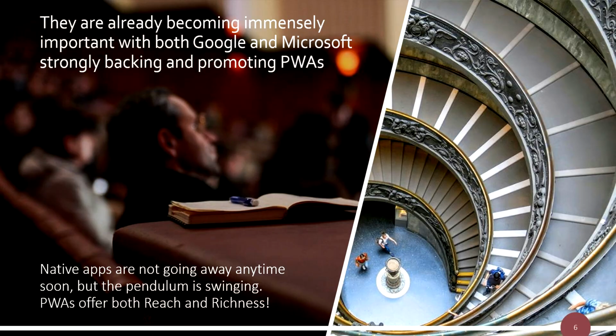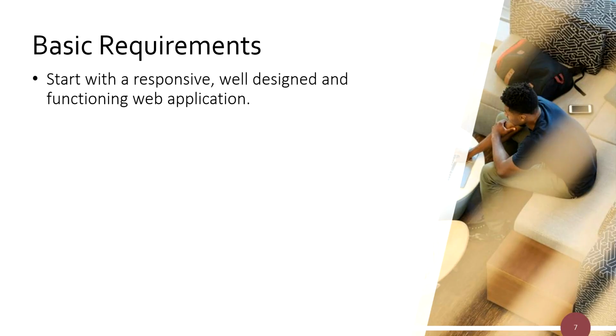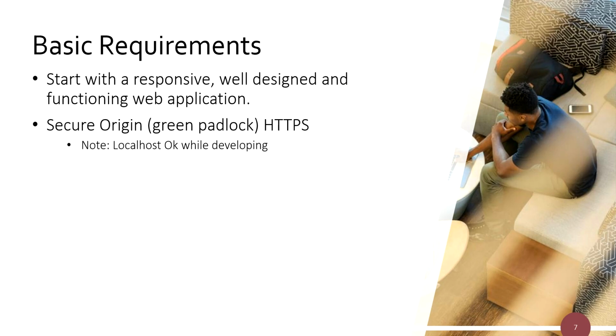So what does it really take? Basic requirements, well, you need to start with a good application. So our ASP.NET MVC apps, as we've been building them, make sure they're very responsive, they are following the guidelines we've been putting together, should be a well-designed, well-functioning web application. Good, boom, check. Secure origin. So we're going to be publishing it up to the web, probably on Azure, for example, as we've been doing so far.